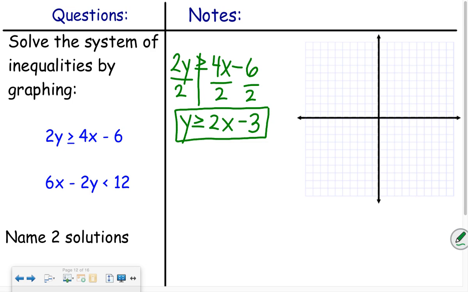So y-intercept is -3. And then rise 2, run 1, up 2/1, up 2/1. On a solid line, because it's greater than or equal to. And then greater than means shade above.